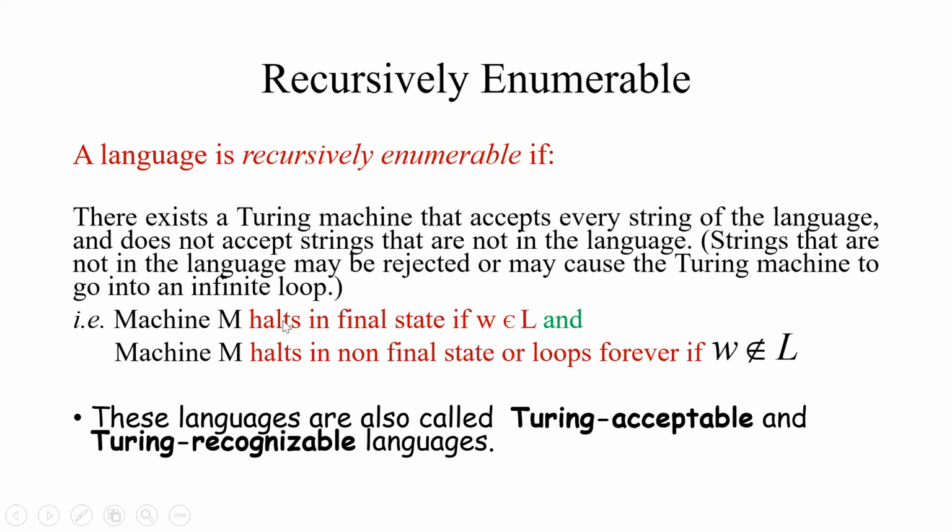So that means it will halt in a final state if W belongs to L, and it will halt in a non-final state or loop forever if W does not belong to L. These languages are also called Turing acceptable and Turing recognizable languages.